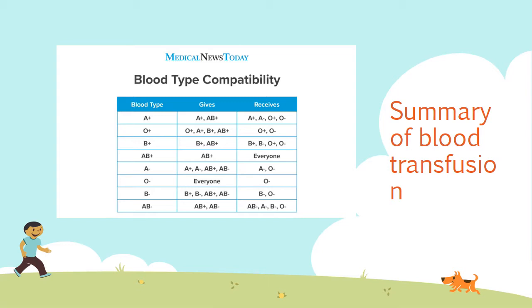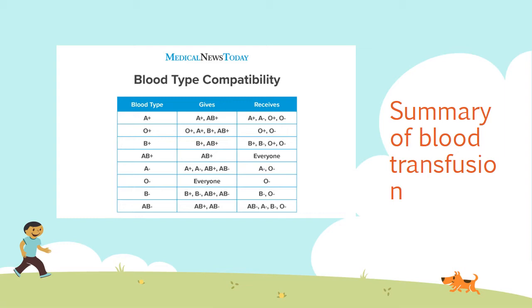Blood type O positive gives to O positive, A positive, B positive, AB positive, and receives from O positive and O negative. Blood type B positive gives to B positive and AB positive, and receives from B positive, B negative, O positive, and O negative.